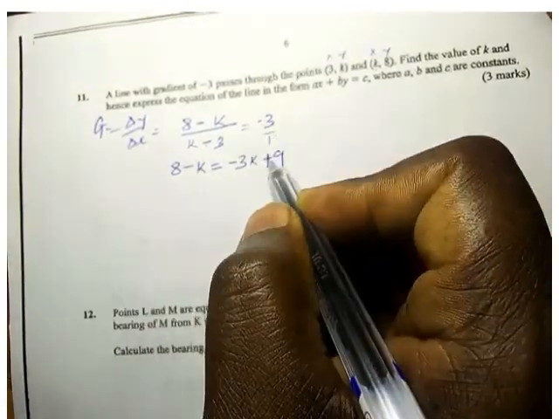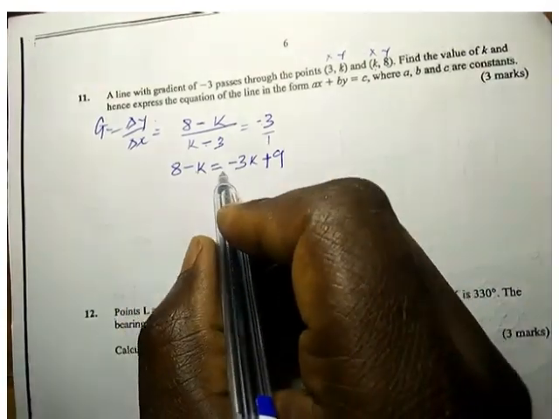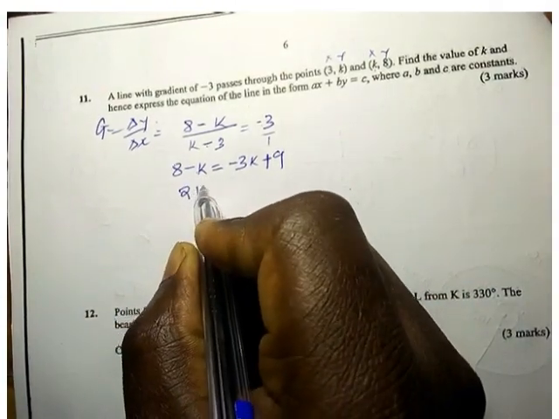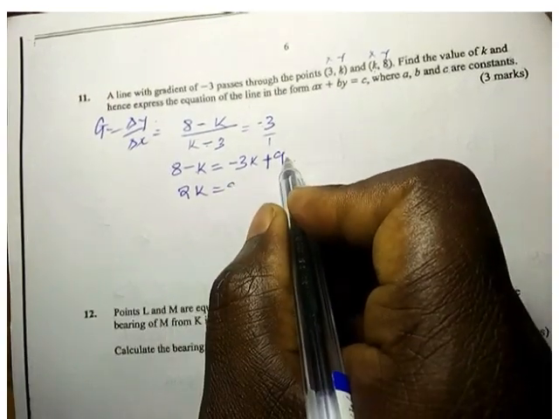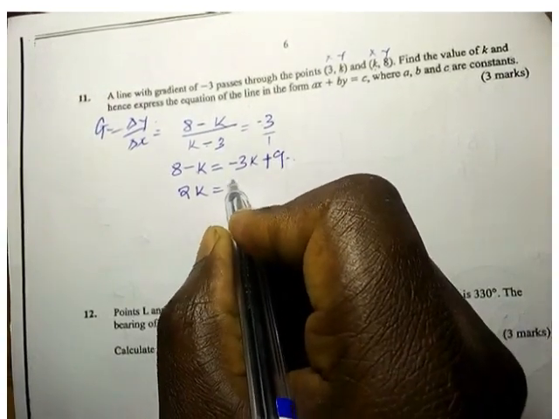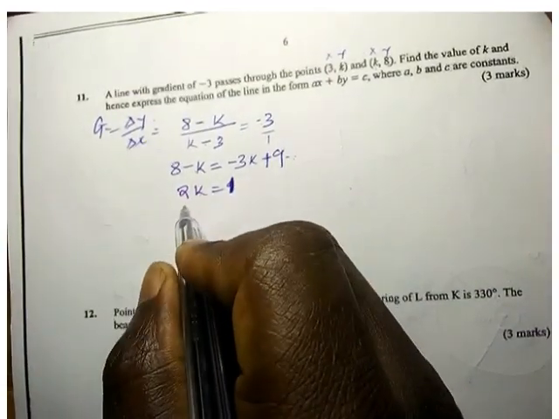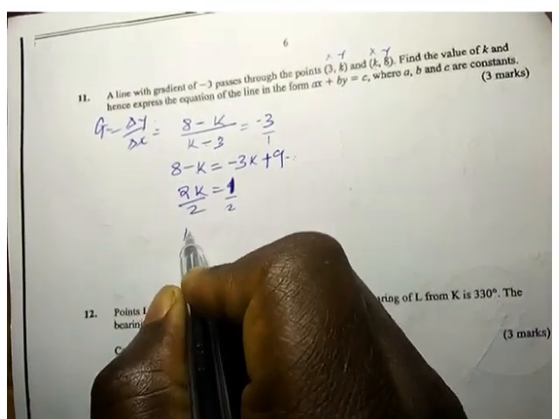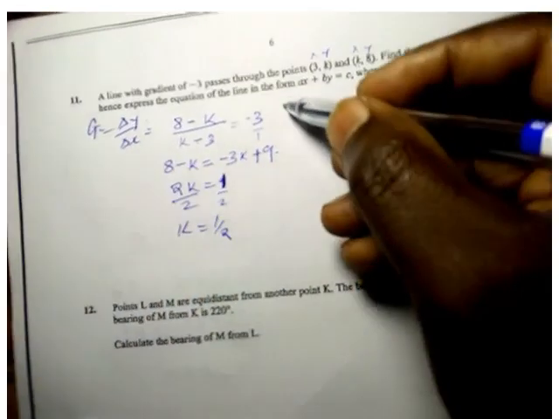Negative 3 times negative 3 gives 9. Collect like terms together, this one goes there, this one comes here. So we are going to have 2k = 9 - 8, so it's equal to 1. So k divided by 2, so k is equal to a half.